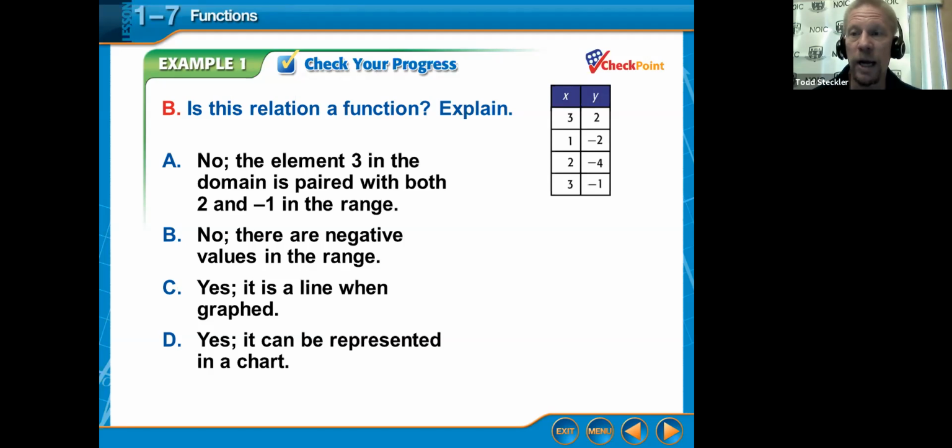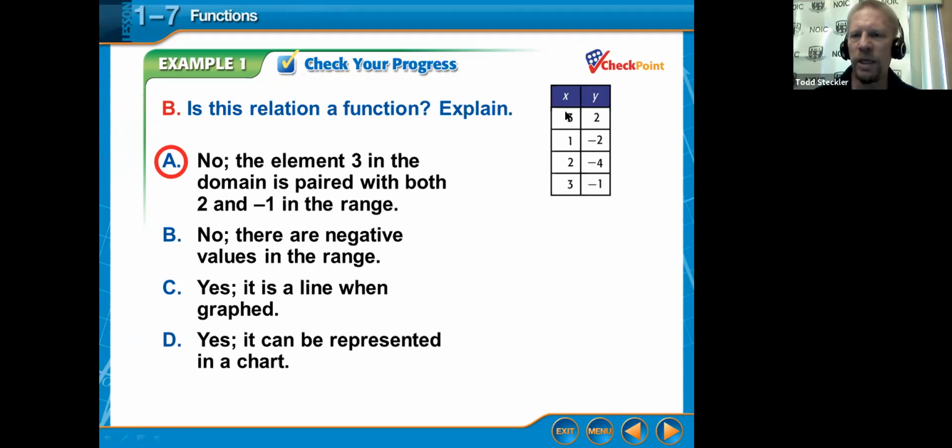There's a problem though, because the 3 is paired with 2 different members of the range. That's illegal. That can't happen. 3 got paired with 2, and 3 got paired with -1. So this is not a function. The reason is because 3 got paired with both 2 and -1.